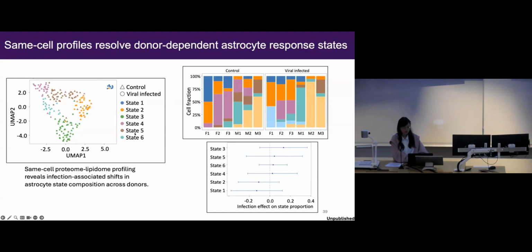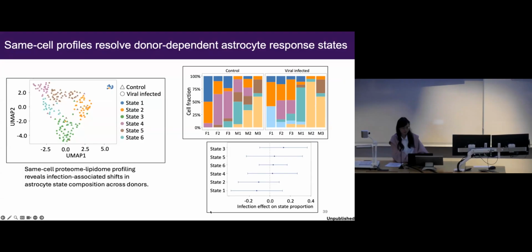The UMAP shows that the controls and the infected cells are not simply separated into two clean groups. Instead, they distribute across several states, suggesting the astrocyte response to infection is heterogeneous. Also, we tested the state composition. It changes after the infection, and the shifts vary across different donors. When we interpret these states, we summarize the protein and lipid infection scores.